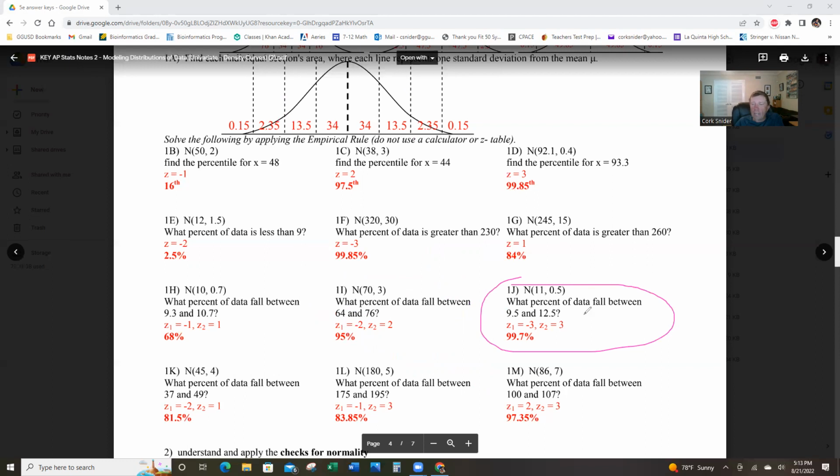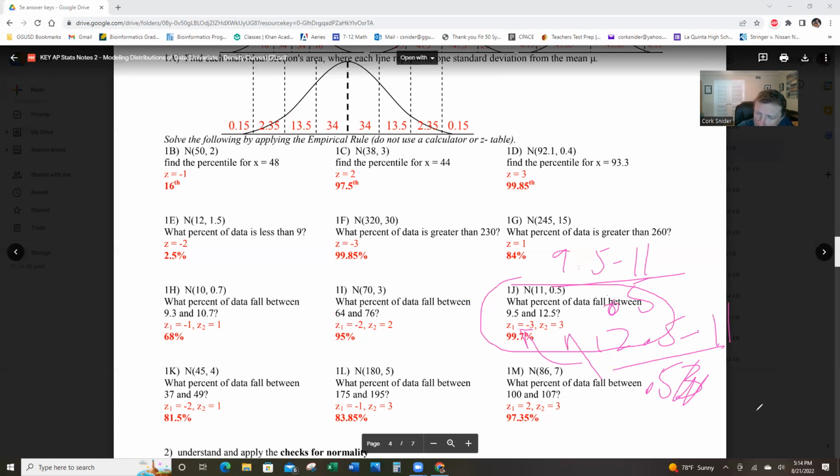And then J, mean of 11, standard deviation 0.5. What percent of data fall between 9.5 and 12.5? Again, if you do the math on it, you go 9.5 minus 11 divided by 0.5, and that comes out -3. And then on the other one, you go 12.5 minus 11 divided by 0.5.